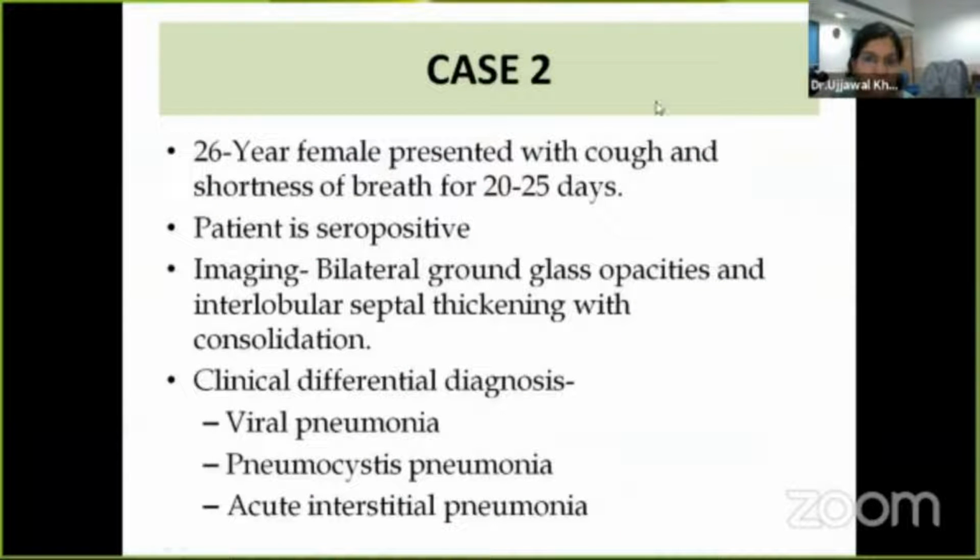The next case is a 26-year-old female who presented with cough and shortness of breath for 20 to 25 days.